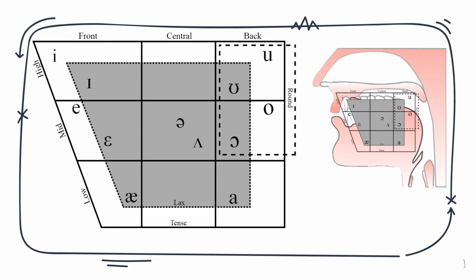So the vertical position, talking about this vertical position right here, shows the height of each vowel sound. Sounds higher have the tongue in higher position, right?